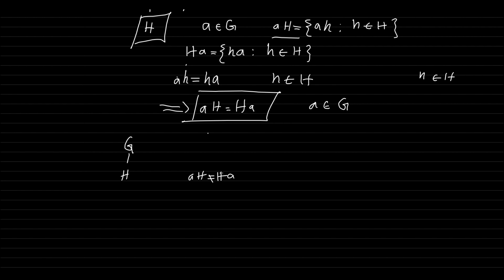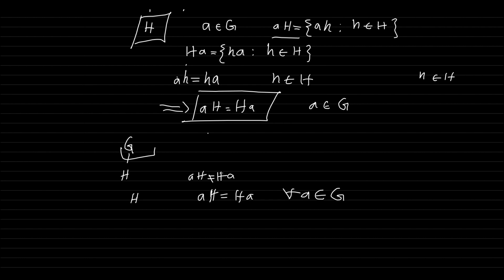And what happens if there exists a subgroup H of G which satisfies the condition AH is equal to HA for all A in G?